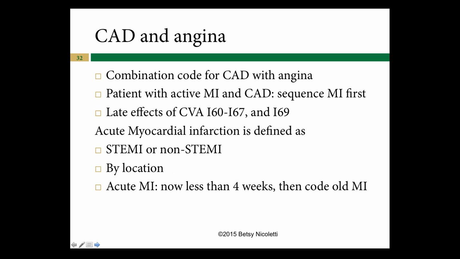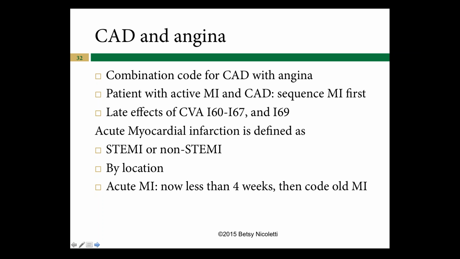We would do that the same now in ICD-10. Excuse me, in ICD-9. The late effects of a cerebral vascular accident are in this chapter, but we use those for late effect codes. When you look at those, you'll see is the patient, what are the late effects? Does the patient have hemiplegia, paraplegia, whatever they are?